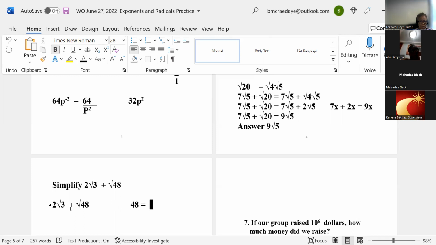3 times what number gives 48? 3 into 48 goes how many times? 48 divided by 3 gives what, 6, Alva?